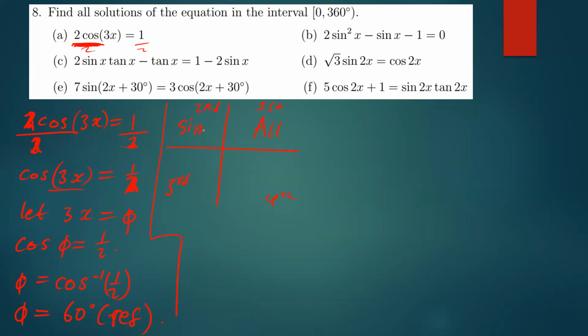In the second quadrant, only sine theta is positive. In the third quadrant, it's only tan which is positive. And in the fourth quadrant, it's only cos which is positive. So we have to check where cos is positive. In the first quadrant, all trig ratios are positive, meaning even cos here is going to be positive. And in the fourth quadrant, cos is positive.